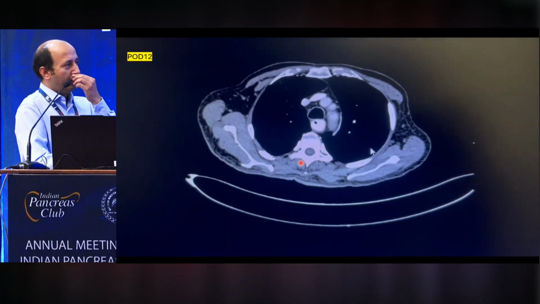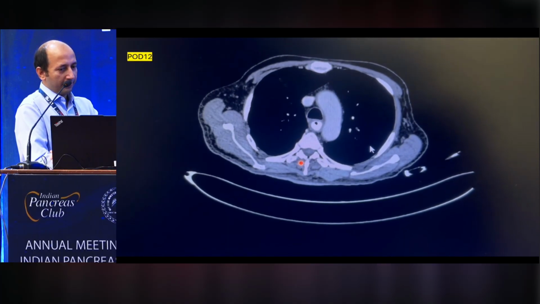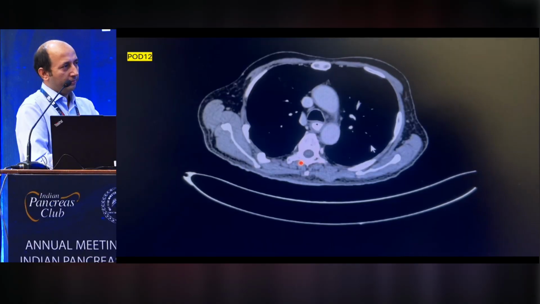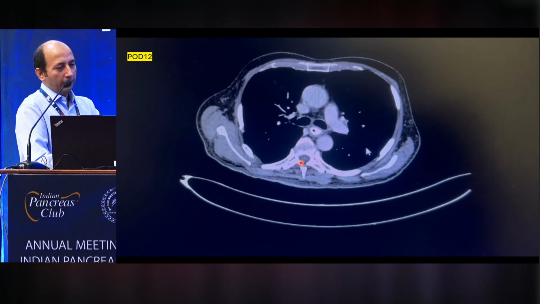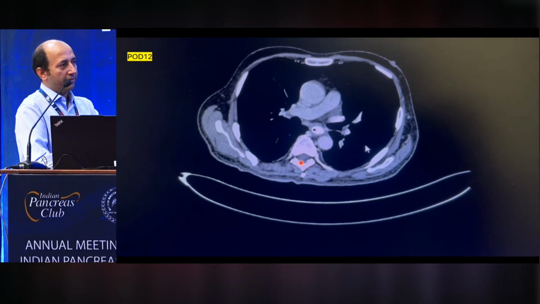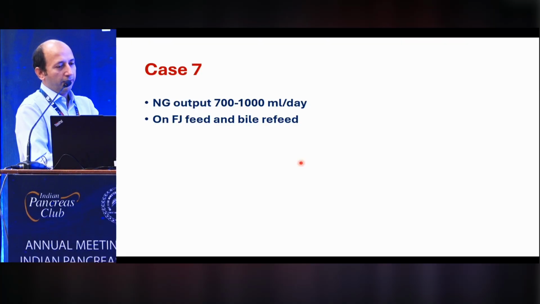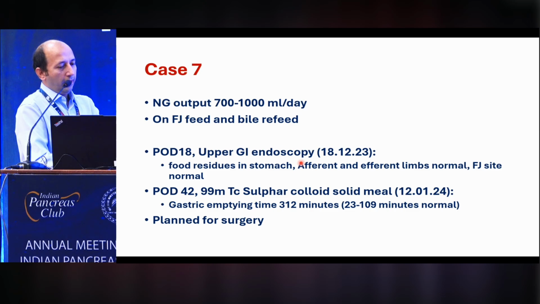So it's CT, there is no evidence of any collection. The stomach was hugely distended with the contrast. Even after the delay, we did the X-ray and showed the contrast is still in the stomach. NG output was in this range throughout. And upper GI endoscopy showed there is a residue in the stomach. Both limbs were normal.